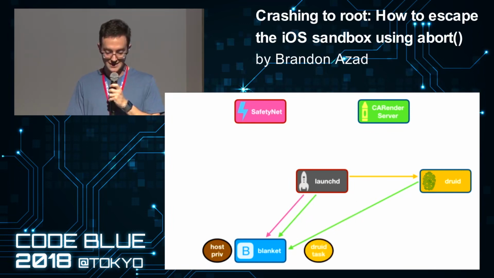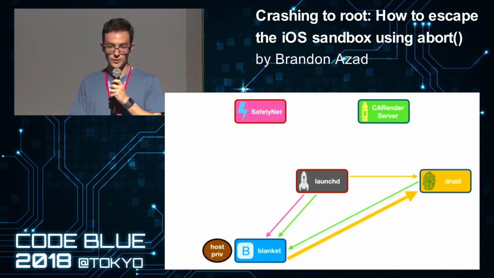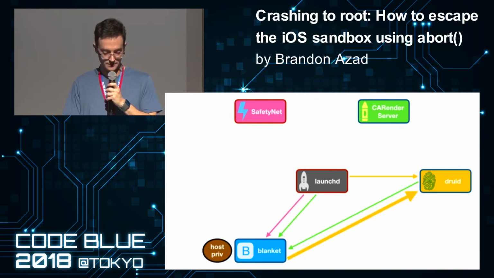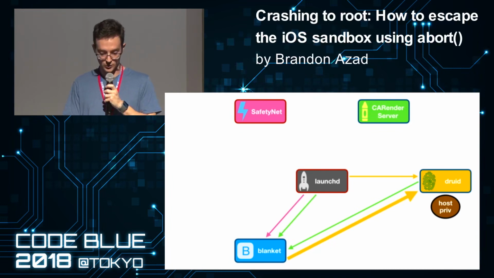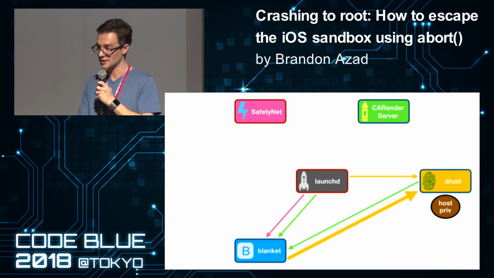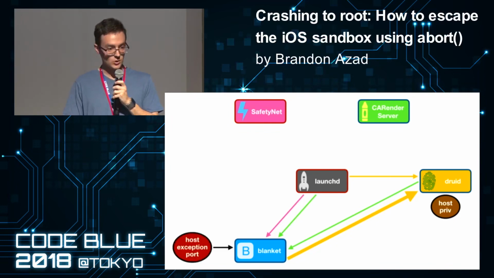We now take that task port and use the task threads loophole from earlier to get arbitrary code execution inside of Druid. Then we send the host proof port over to Druid, and combining the host proof port with Druid's unsandboxed code execution, we can now set ourselves as the new host level exception handler for EXC_BAD_ACCESS.